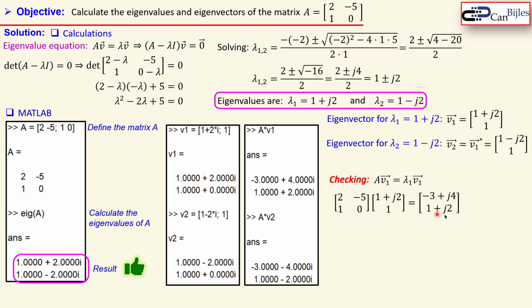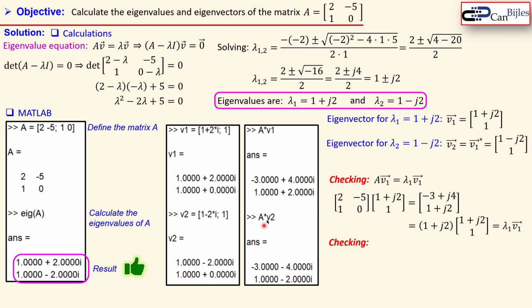And then I have this one. Now we can rewrite this. If I now take 1 plus j2 out of this vector, I have this. So you can see that for yourself. If you do the calculation, 1 plus j2 times 1 plus j2 will produce this first row. Now I see here the lambda 1 and I see here the v1. So this is indeed the correct eigenvector for the corresponding eigenvalue.